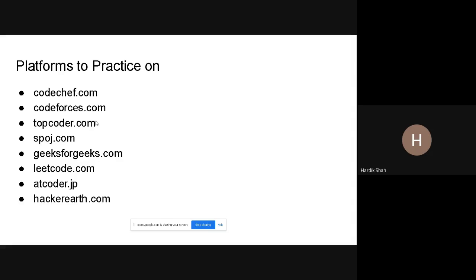We have CodeChef.com. We have Codeforces, which is, by the way, really good, so do check it out. We have TopCoder. We have spoj.com. We have GeeksforGeeks, which provides really good materials to solve our problems and really good editorials. Again, LeetCode.com, AtCoder, and HackerEarth.